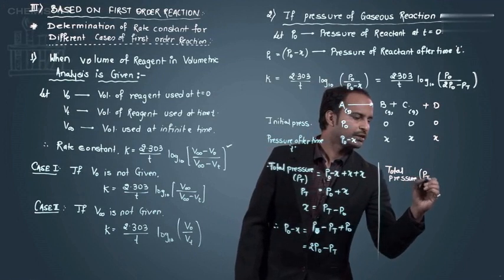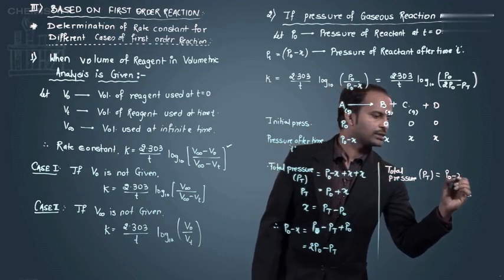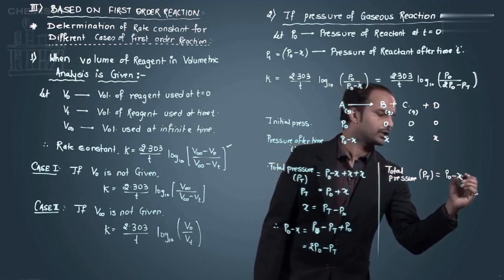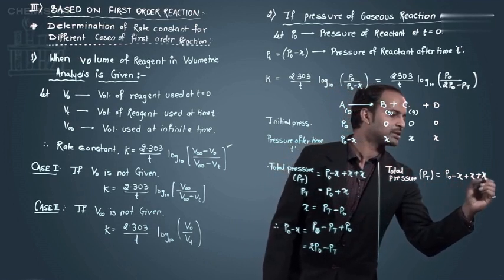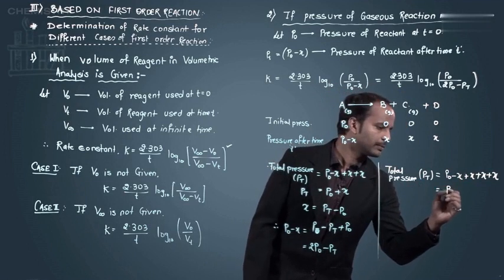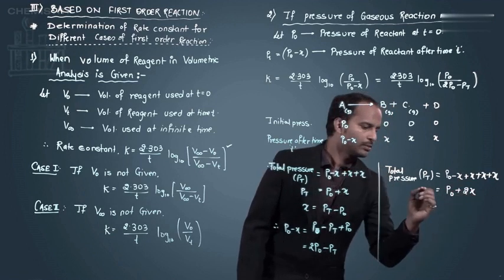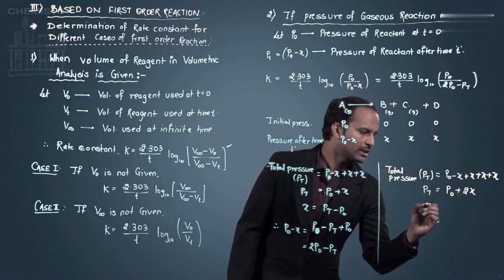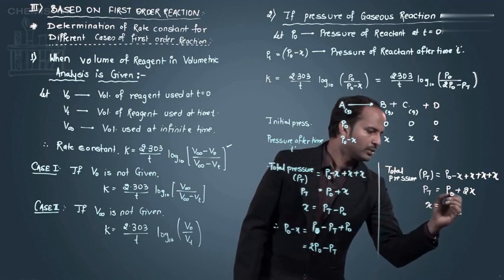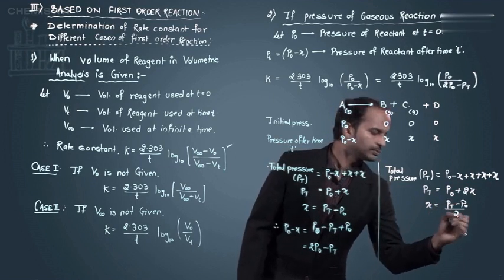That is PT. It will be equal to again the sum of all, that is P naught minus X plus the product pressures, X plus X plus X. So the X will get cancelled, total equal to P naught plus 2X. So I can say that X is equal to (PT minus P naught) upon 2.